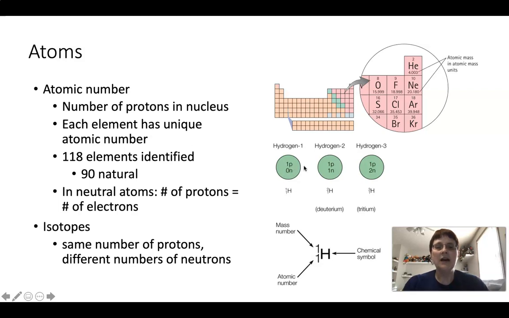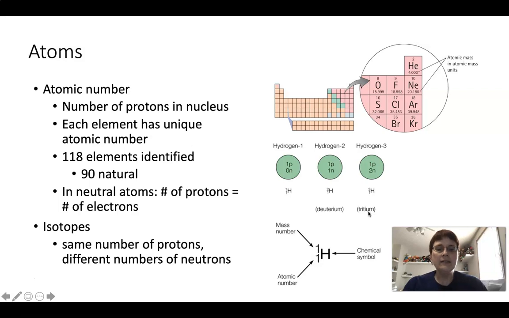So you can see along the top, they all have 1 proton, so equal numbers of protons, but they have different numbers of neutrons, and that changes their mass. So this hydrogen has just 1 unit of mass, this one has 2, and this one has 3, and you can see they actually have different names. So the isotope hydrogen-2 is called deuterium, and the isotope hydrogen-3 is called tritium.